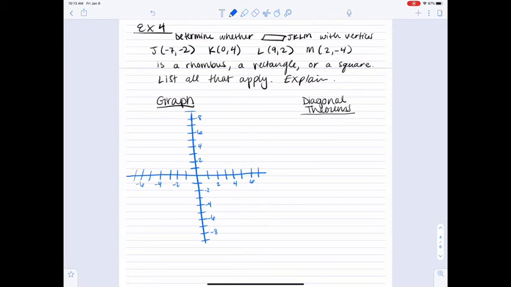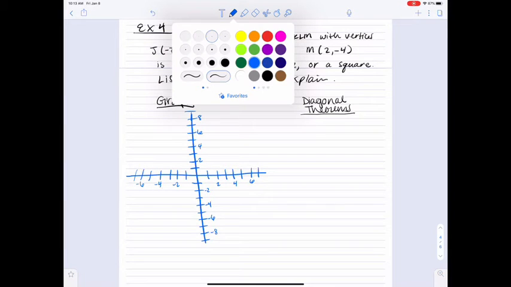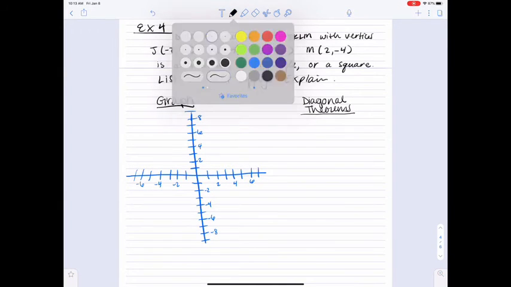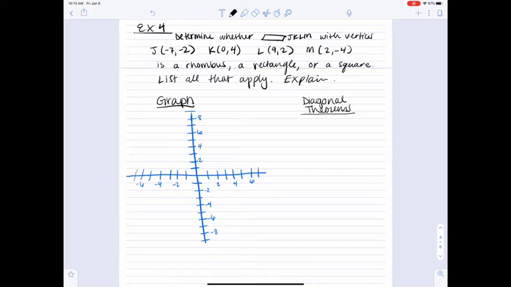And I'm going to plot J, which is -7, -2. K, which is 0, 4.